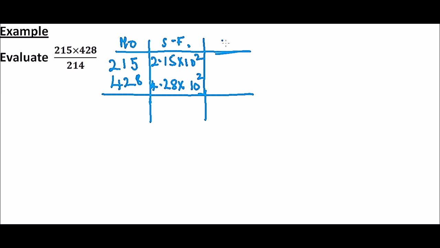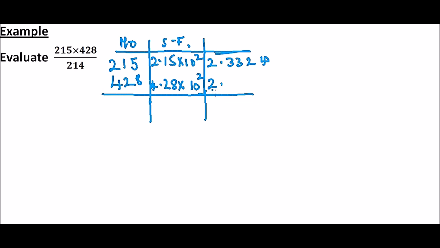So this is a standard form. Then we have the logarithm column. The logarithm of 10 to power 2 is 2. We check the logarithm of 2.15. We will get it is 3324. Then we have the logarithm of 10 to the power 2 is 2 point.